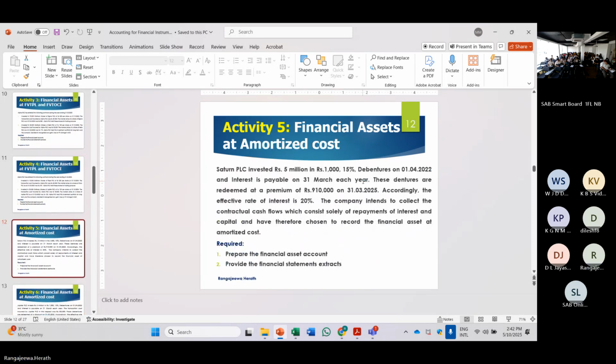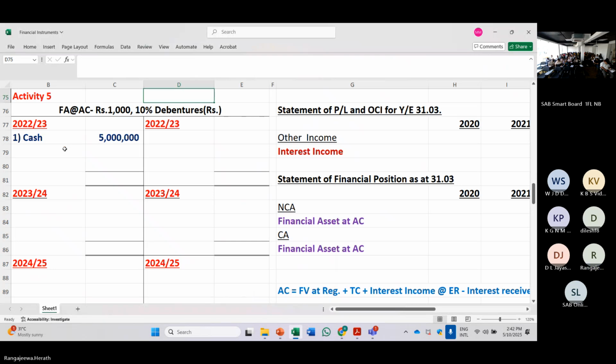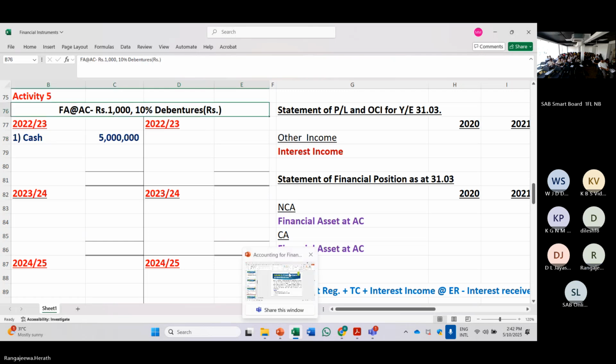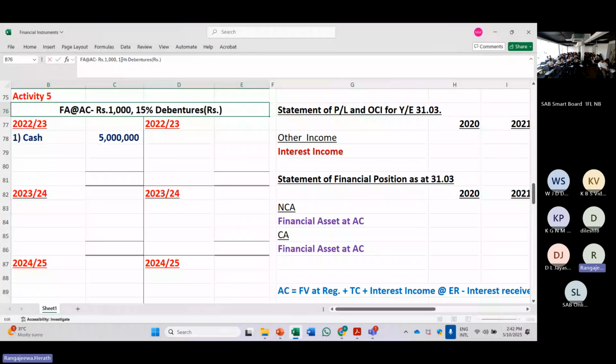Right. Now the coupon interest rate is 15%. The effective interest rate is 20%.